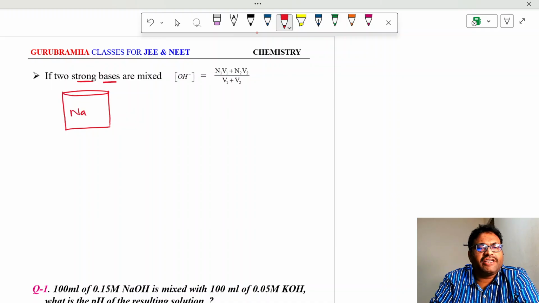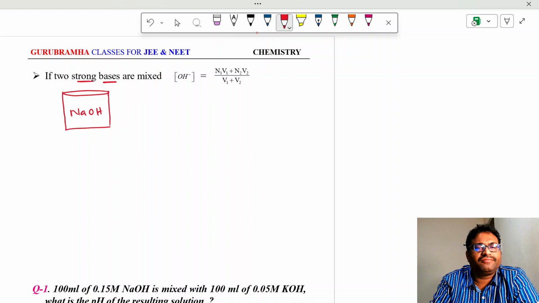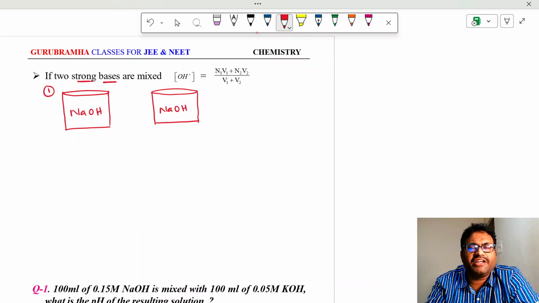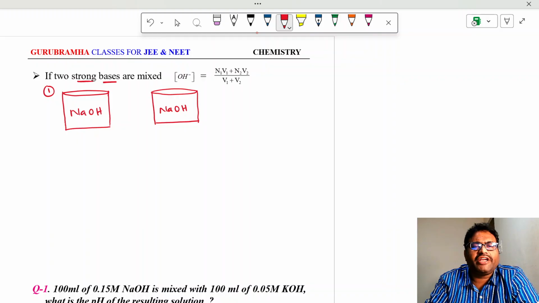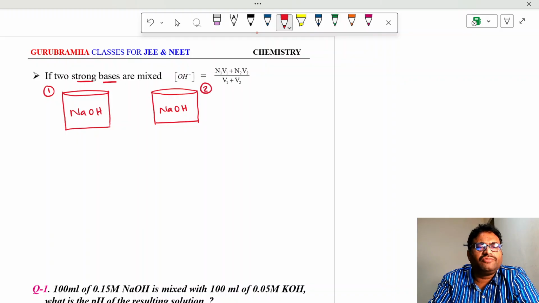Let me take it as NaOH, so let it be solution 1. And another is also the same. Or I can take KOH, barium hydroxide, or calcium hydroxide. All these are considered to be strong bases.